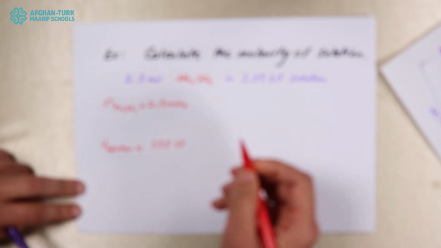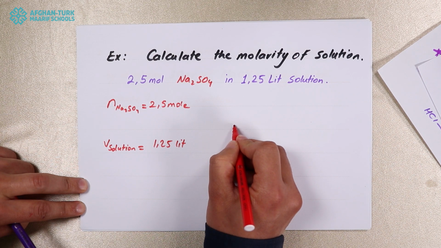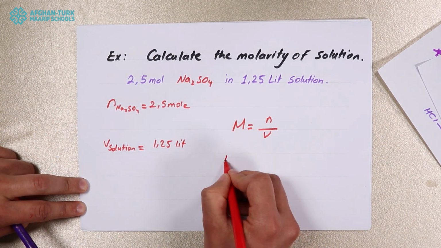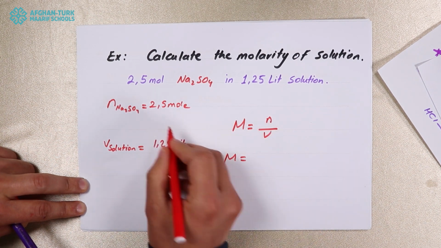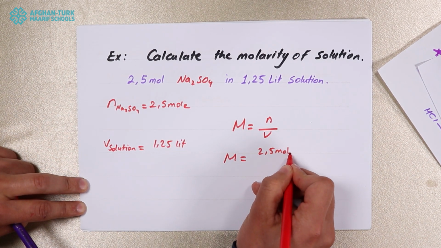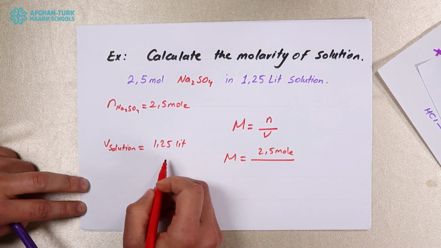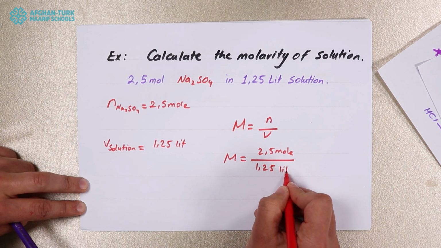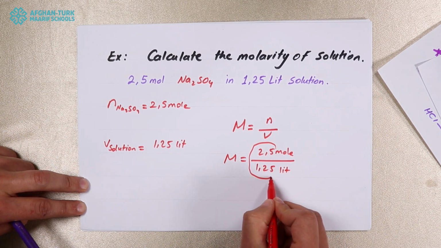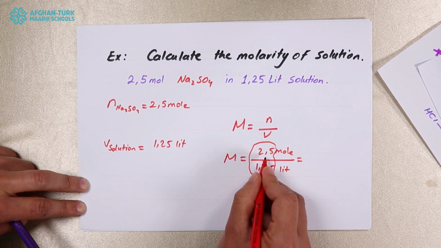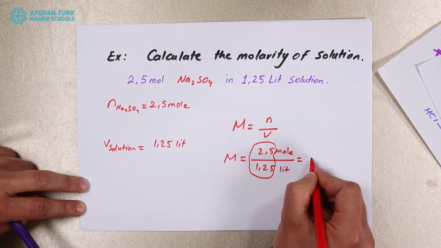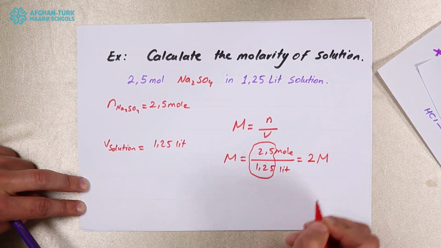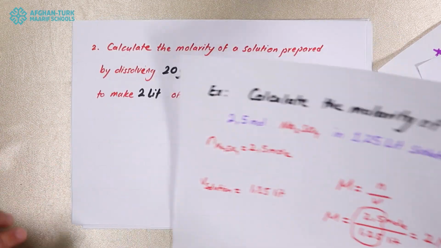We can solve this question with the first formula. Molarity is equal to n over V. The value of n is 2.5 mole and the volume is 1.25 liters. When you simplify 2.5 divided by 1.25, it will be 2. And mole per liter gives us molar. Okay.